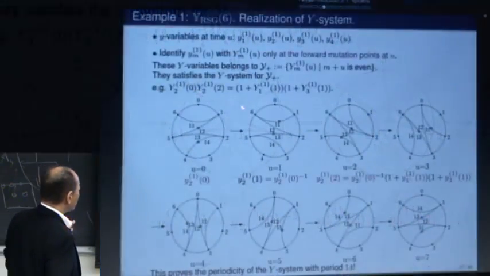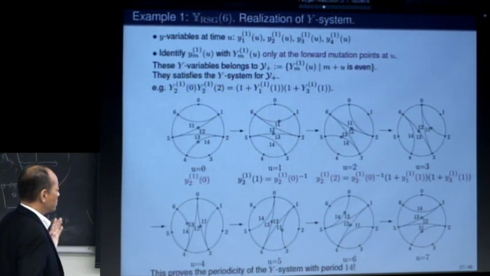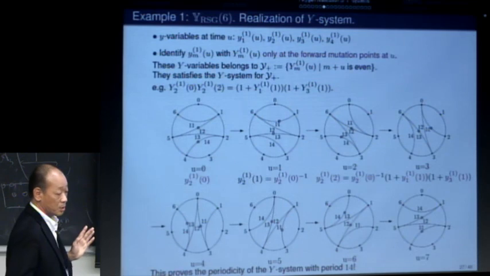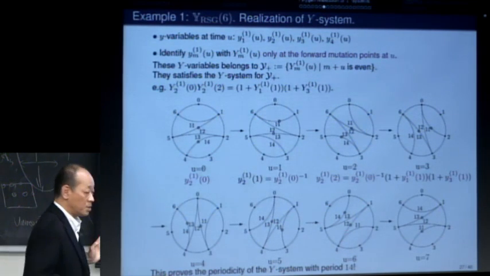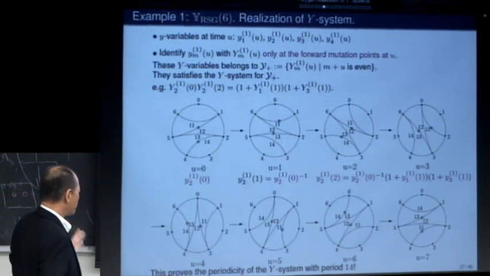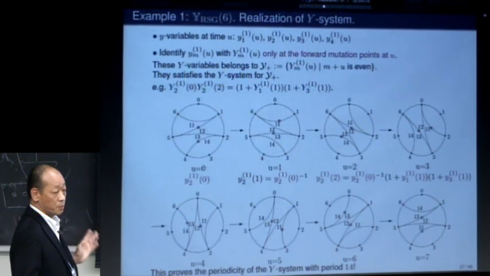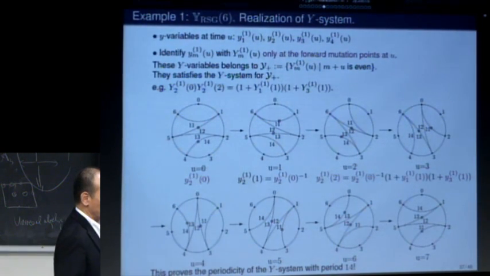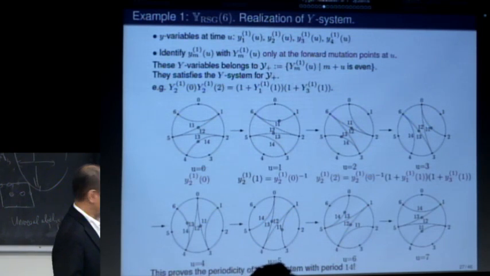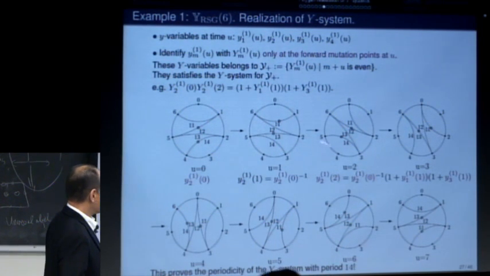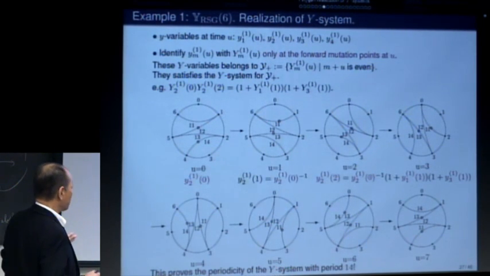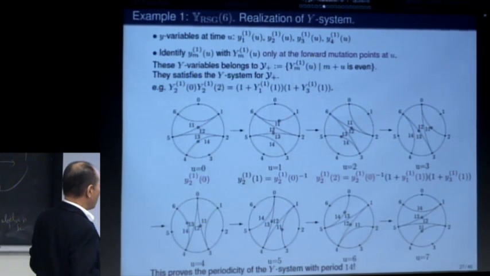So what I said is that this y system is just embedded into the relation of this small y variable in this way. In fact, this already proves the periodicity of the y system with period 14. We don't actually solve anything, but we just formulated this y system by this triangulation, and that gives you the proof of the periodicity.